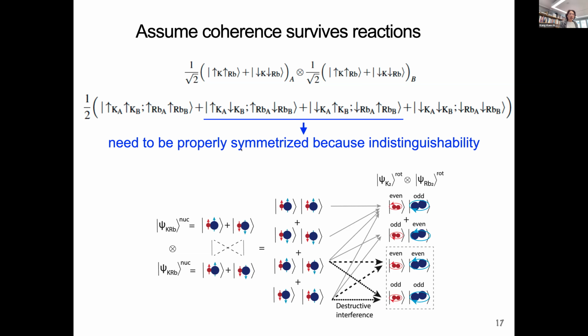And when we do that, the outcome, which is characterized down here, will show destructive interference. When we combine the spins, there will be a combination with the plus and the minus Clebsch-Gordan coefficients that gives rise to this destructive interference.